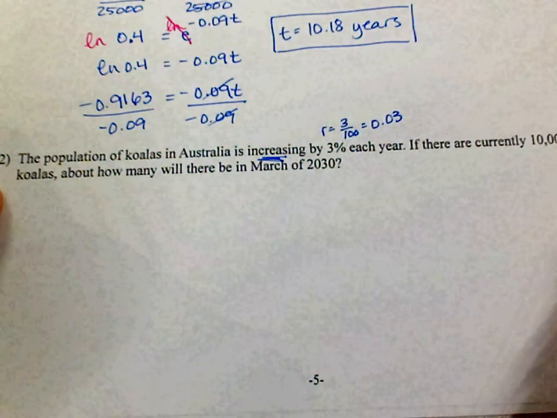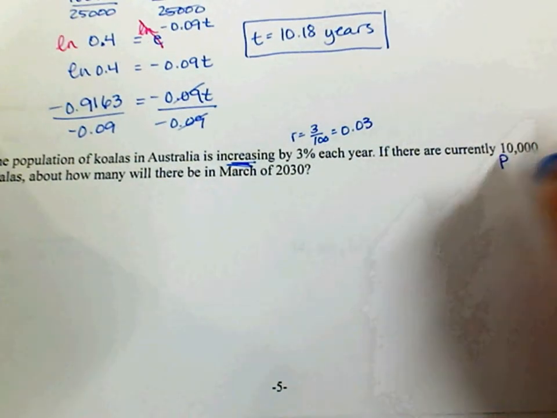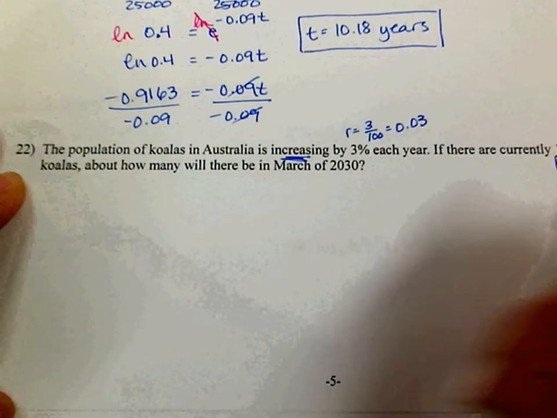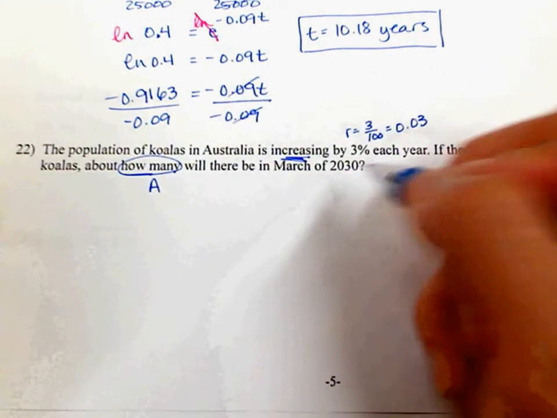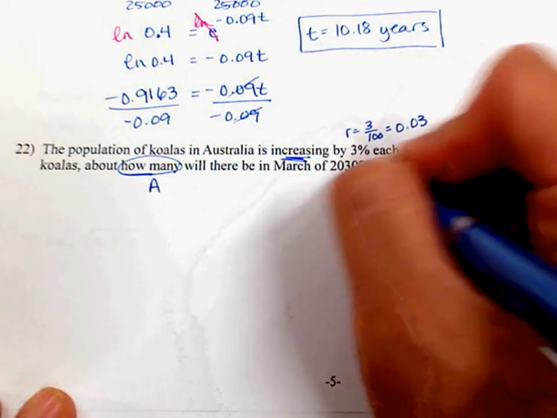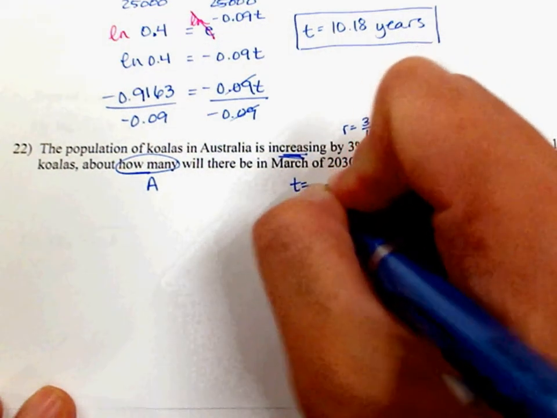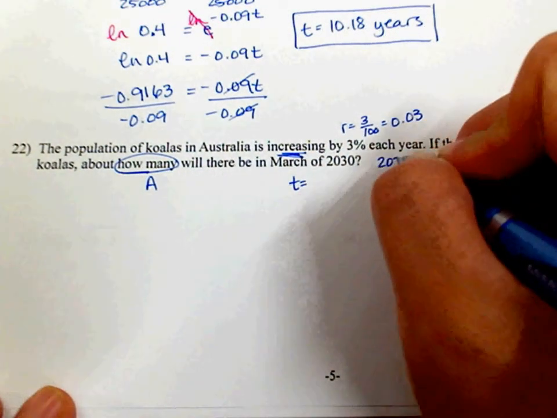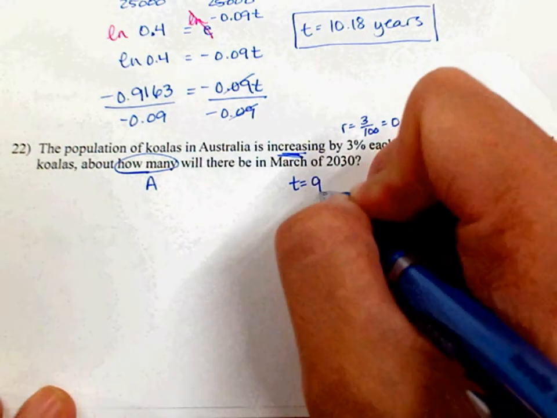If there are currently 10,000, so there's your beginning amount, how many will there be in March of 2030? Well, we're just going to pretend it's April, okay? So in 2030, right now it is 2021. So what is 2030 minus 2021? That's 9 years. All right, so we got our information.